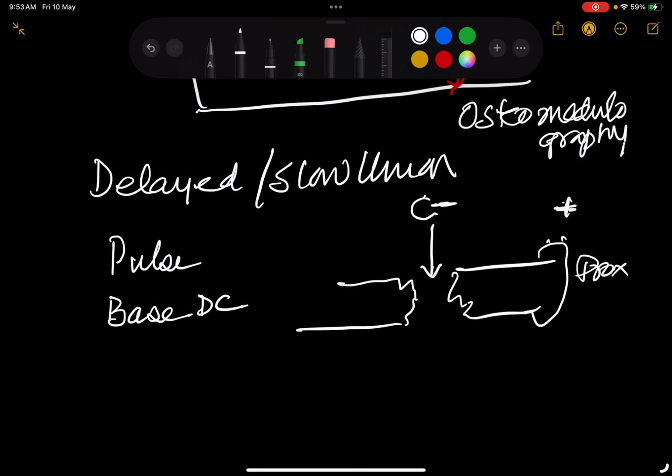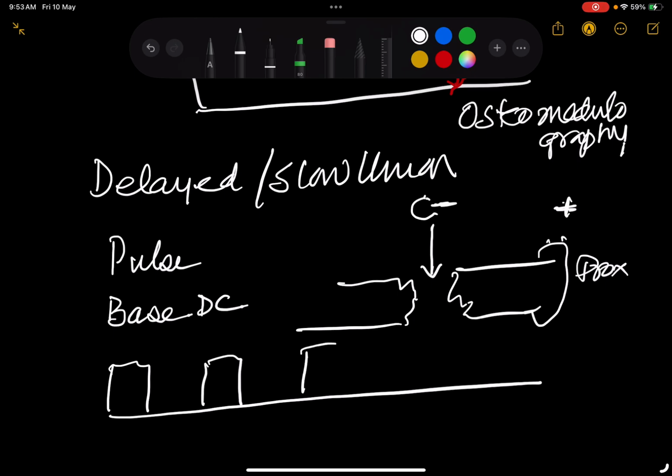proximal. So this is cathode, which is minus, and this is plus. And you give a current with a base of 10 milliamperes enhanced by a pulse of 5 per second, 5 per second on a base of 10.